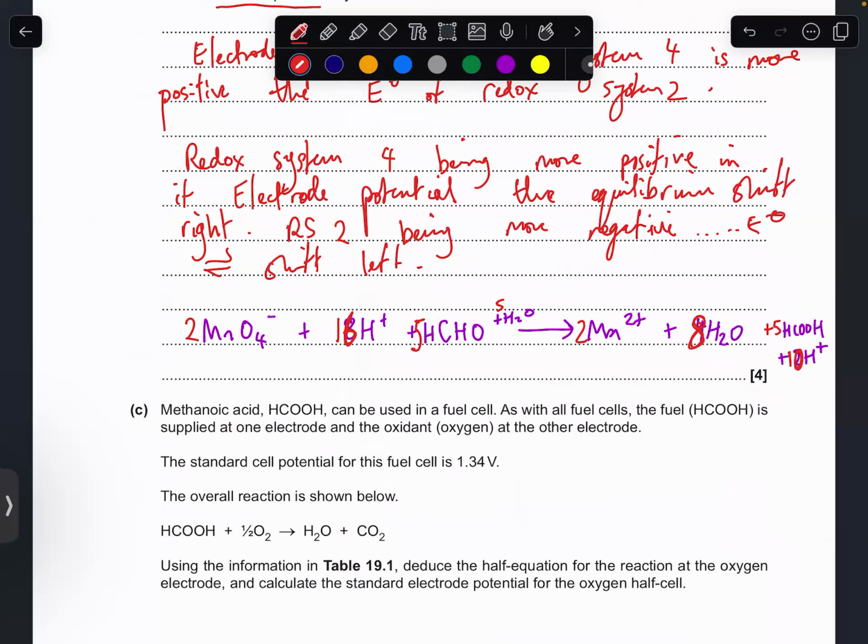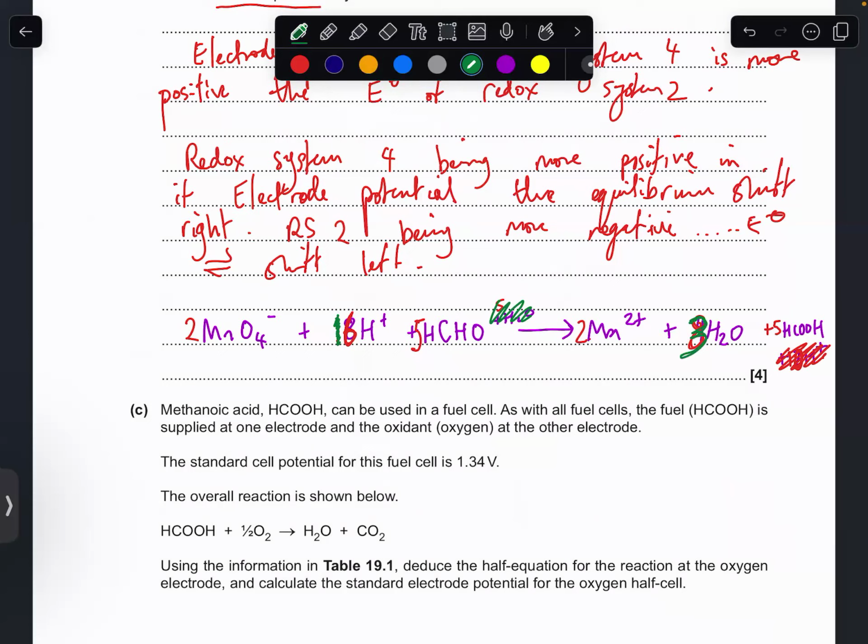We need to do some cancelling out. You've got 10H plus on the right-hand side. Let's get rid of that and make this into a 6 only, taking away the 10. You've got 5H2O. Let's get rid of that and make this into a 3.